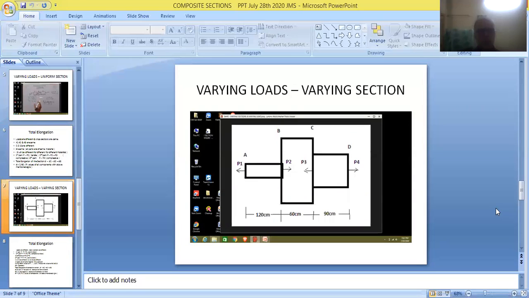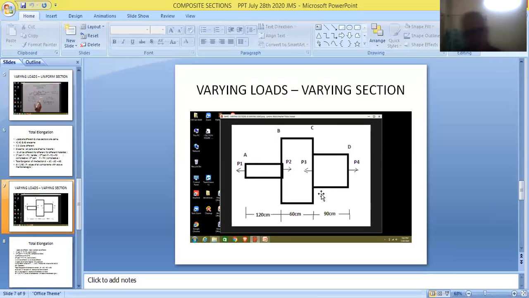And friends, the third topic is called varying loads and varying cross sections. Now here we can see different loads are acting on different cross sections, different components, as given in the previous slide.